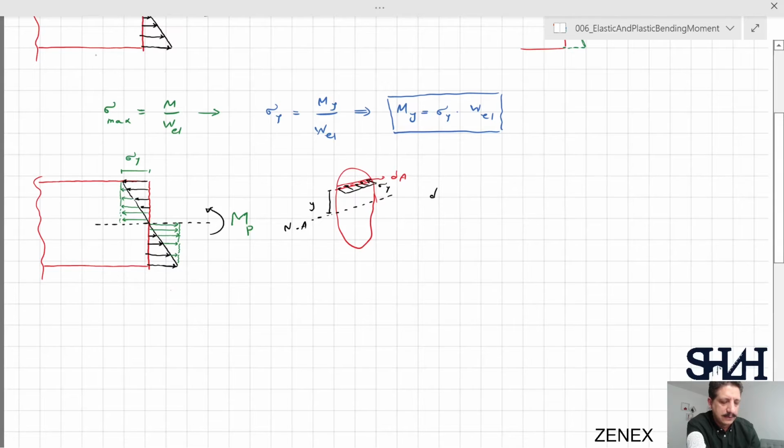As a result, the differential of force at that elevation y will be sigma y times dA. And then the differential of moment is dF at elevation y times y. If we substitute dF in the latter equation, dM will be sigma y times y dA.